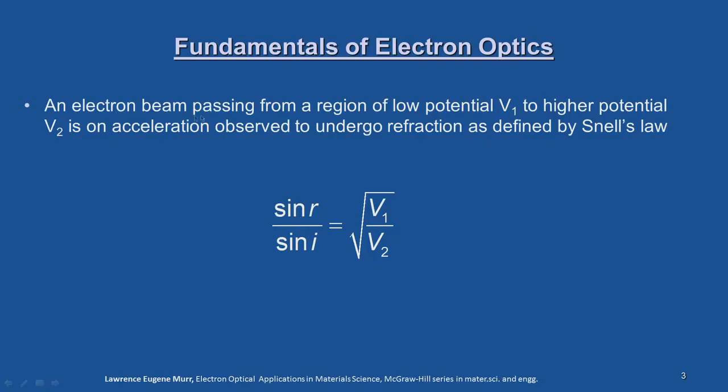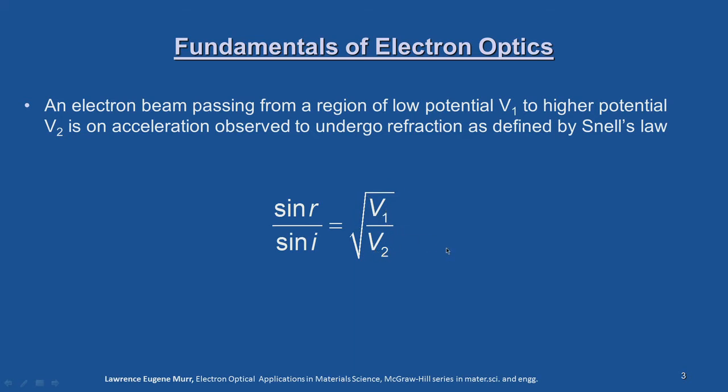An electron beam passing from a region of low potential V1 to higher potential V2, on acceleration, is observed to undergo refraction as defined by Snell's law: sin r by sin i equals square root of V1 by V2.